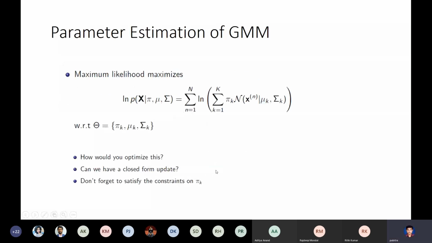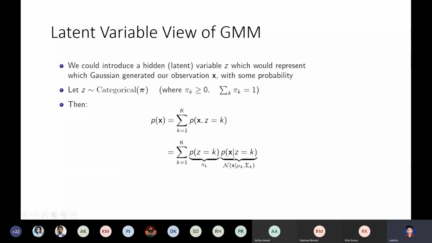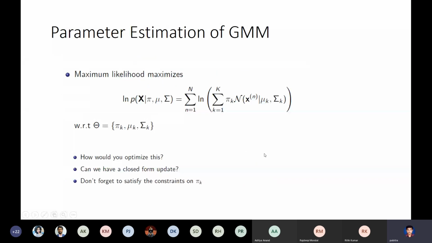All right, so if this is our generative model, our log likelihood is like this. Remember, this is my generative model: P(z = k) times P(x given z = k). This is our maximum likelihood expression, given P of x given pi, mu, and sigma, that is theta.